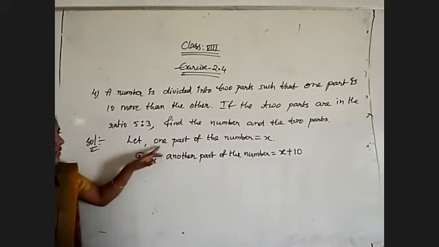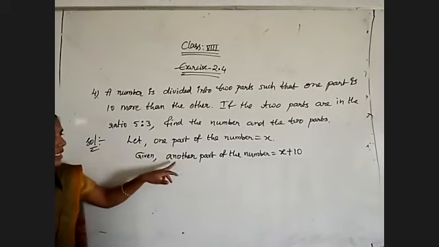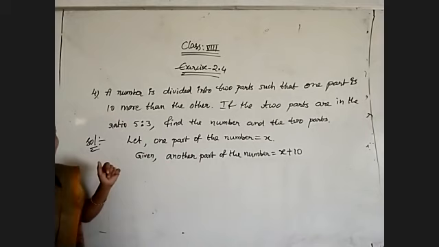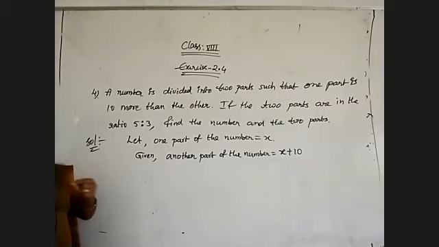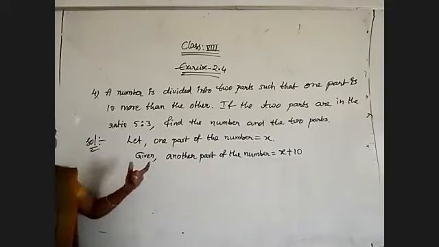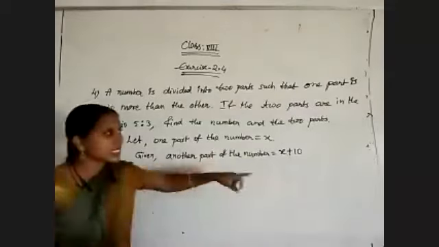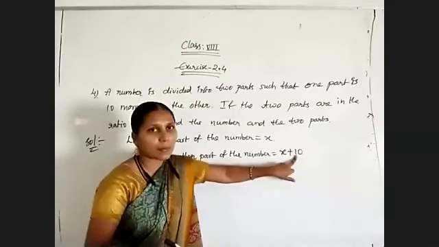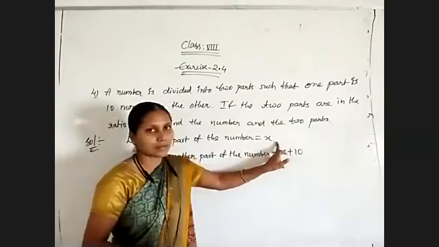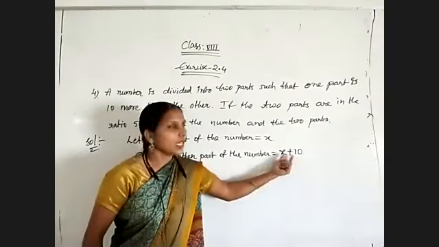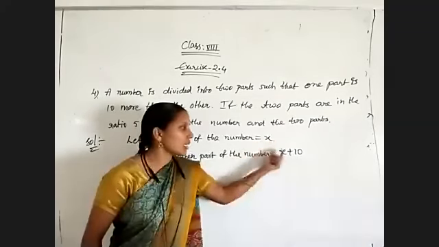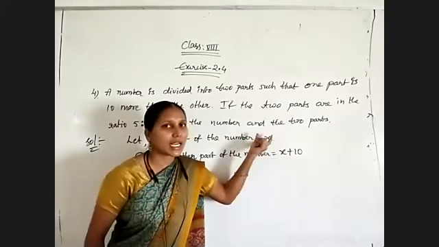One part of the number is x, the other part is x plus 10. Now how can we arrange them? x is the smaller part, x plus 10 is the greater part. Why am I saying plus 10? Because it is 10 more than x, so this is the greater one. Suppose x is 2, then it will become 12, and 12 is greater than 2.